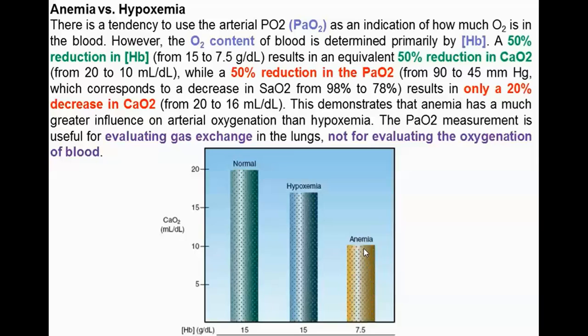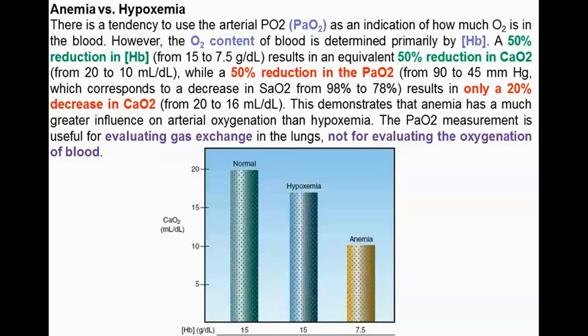So the oxygen content will be 7.5 times 1.34, which equals 10, and his saturation is normal. But for the other patient, his hemoglobin is normal, and only the PO2 is decreased, so only the dissolved part.